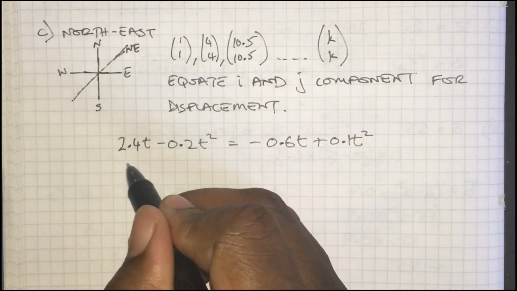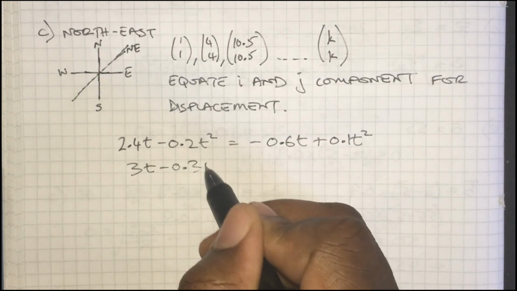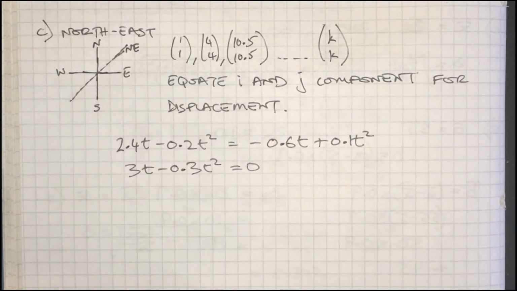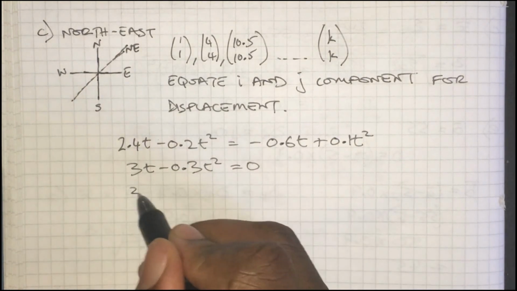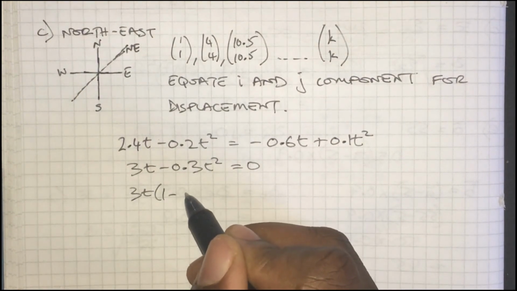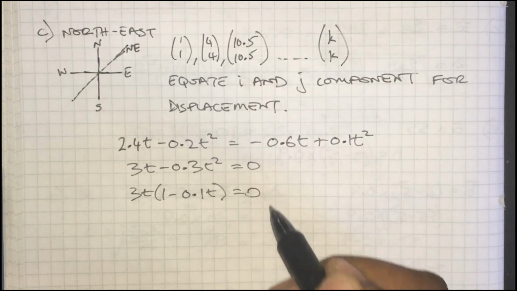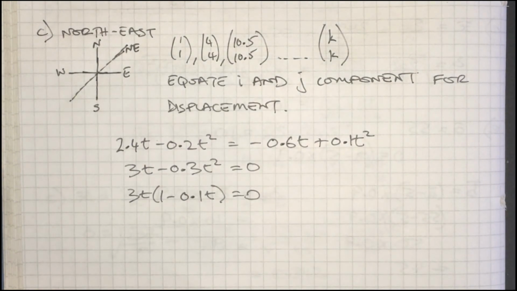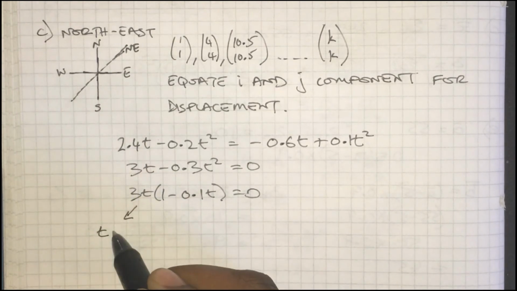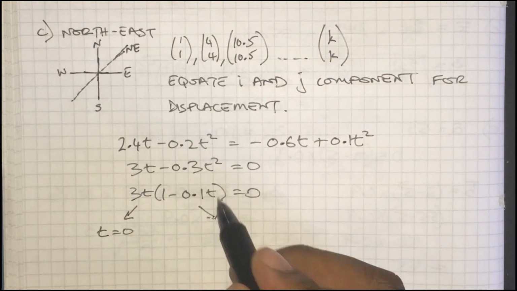So I'm just going to rearrange things and put it equal to 0 just to make it a little bit easier to solve. This is the technique we should be using. I'm going to factorize out 3t, which leaves 1 minus 0.1t equals 0. And we know from here the two solutions: t equals 0 or t equals 10. t equals 0, well, that was the starting position.